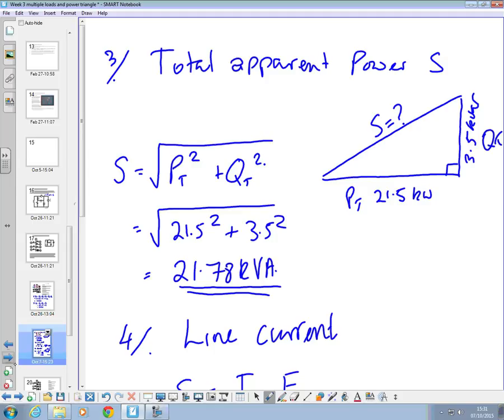In the tutorial questions, there's one where, instead of giving you 7 kvar, 13 kilowatts for the motor, I might have given you the power and the power factor or the phase angle. So you've got to do another calculation with the triangle just to find how many vars the motor's taking.